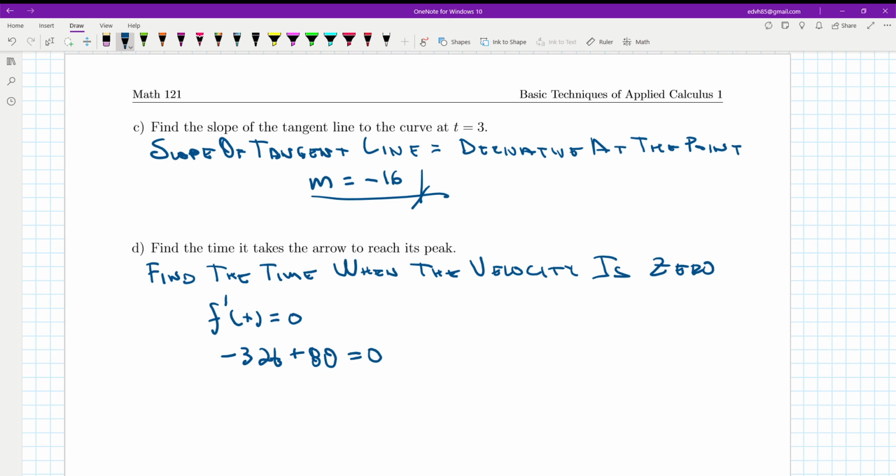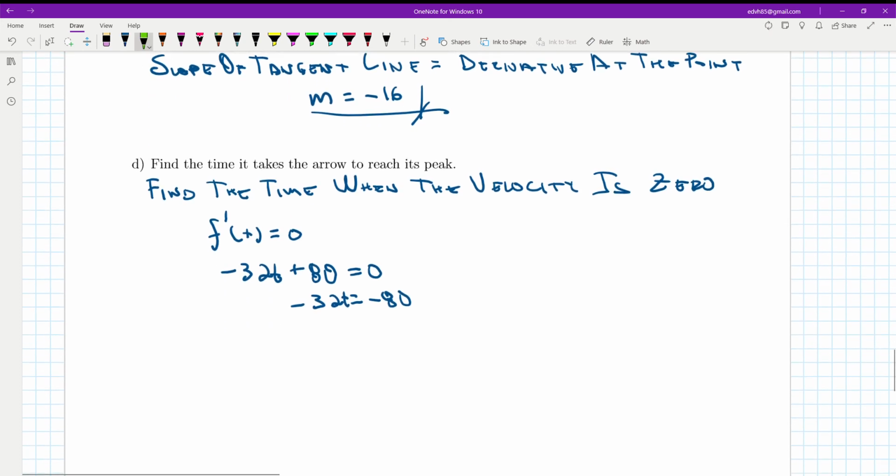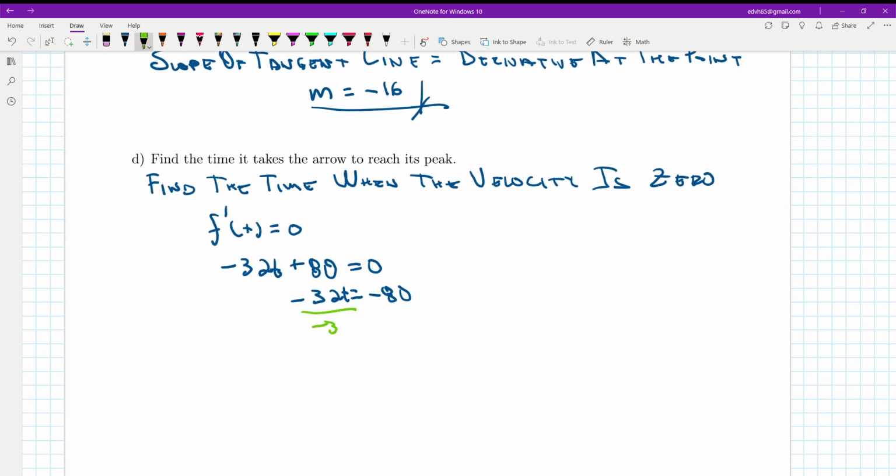Set it equal to 0 and solve for the variable t to find the time where the arrow reaches its maximum height. I'll divide both sides by negative 32 to get t equals negative 80 over negative 32.